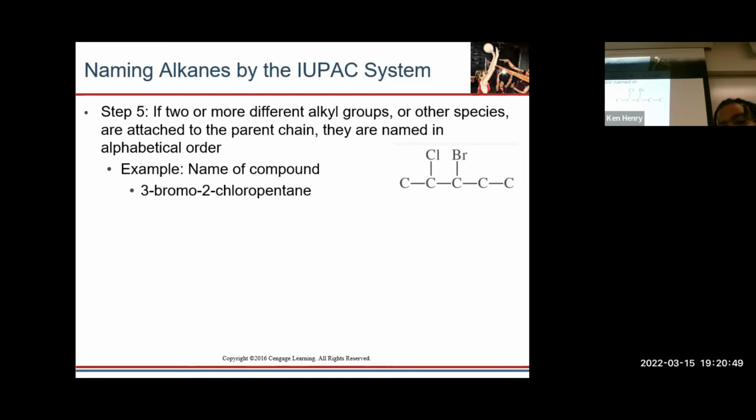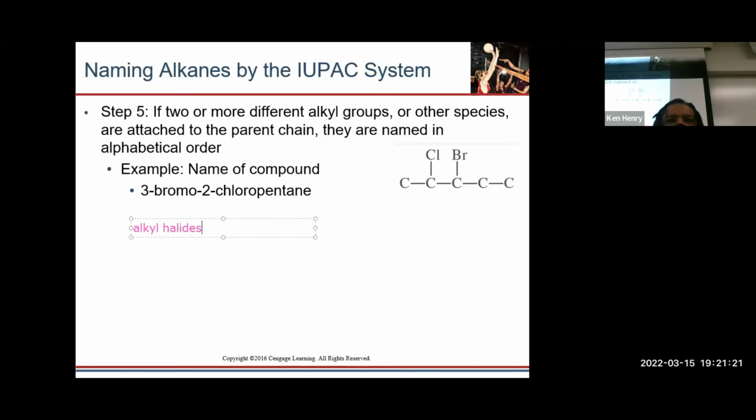Okay, so so far we've talked about only hydrocarbons, things that are just hydrogen and carbon. Now I'm going to start adding on some other functional groups. So this next functional group is called alkyl halides.